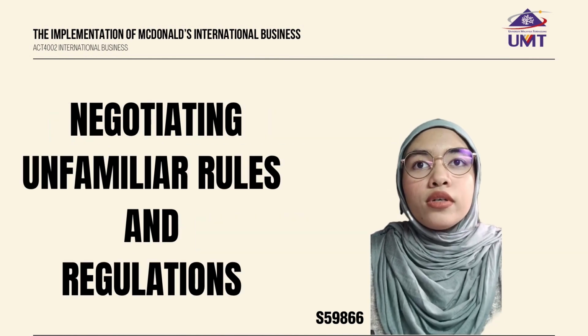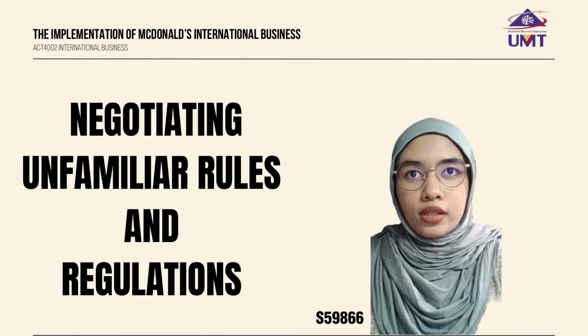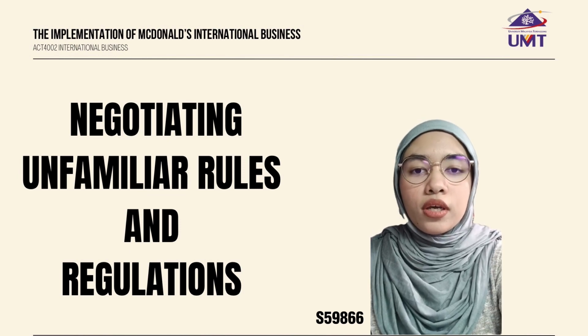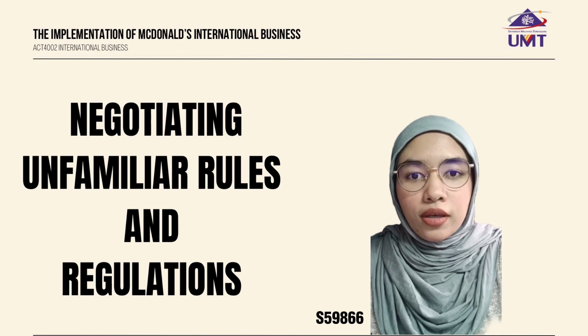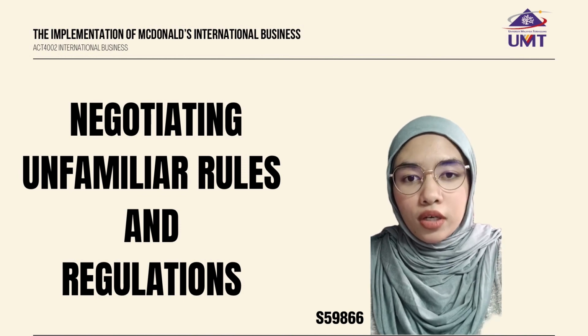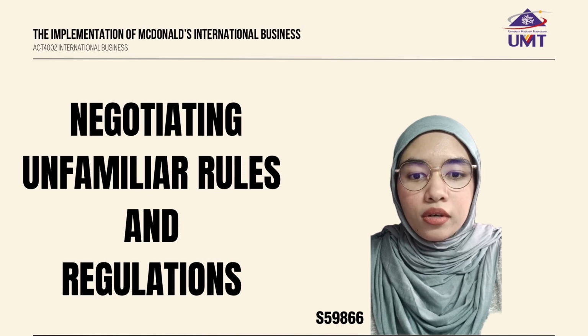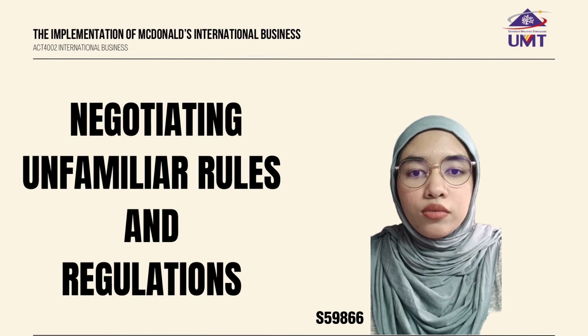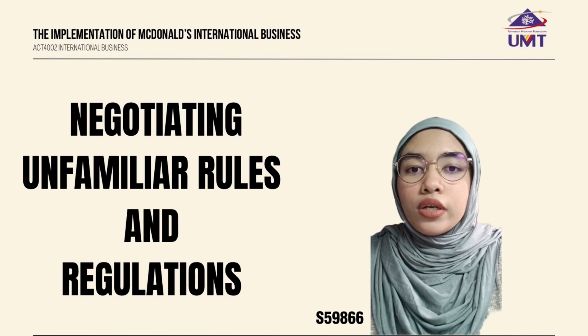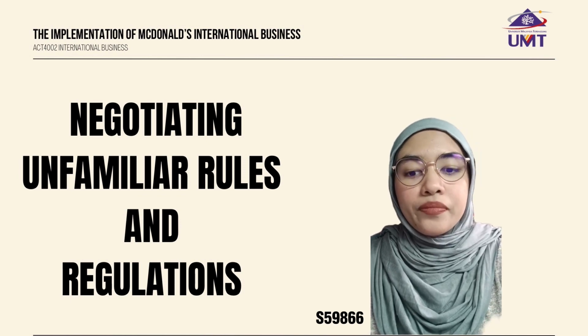Okay, next I want to present about negotiating unfamiliar rules and regulations. As we know, different countries have their own rules and regulations, and for some reason we have to adapt to the rules and regulations when we work or travel to another country.